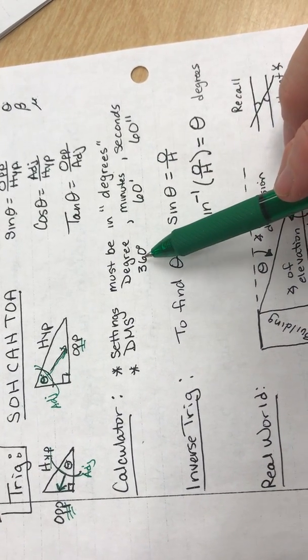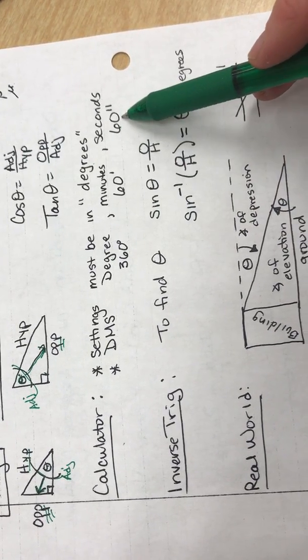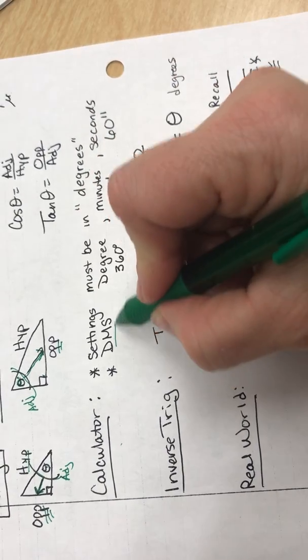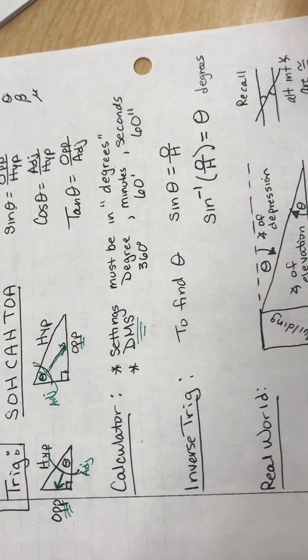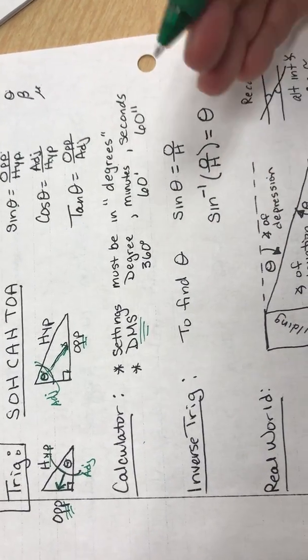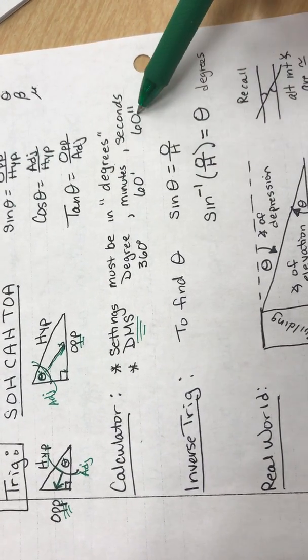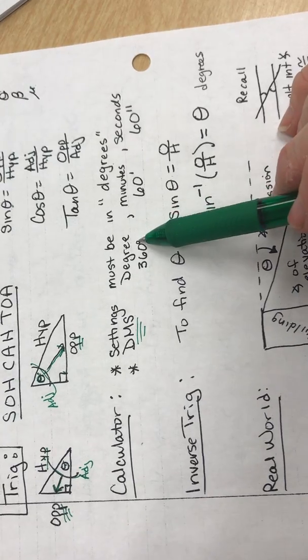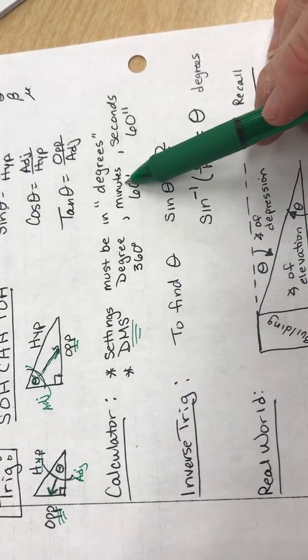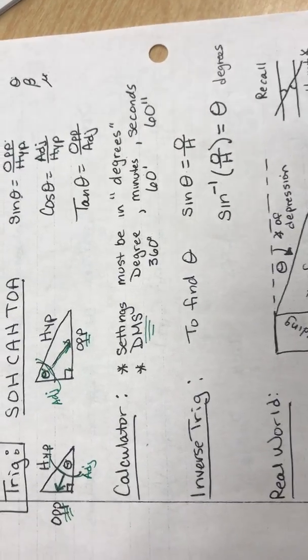And if you're ever asked to put something in degrees, minutes, and seconds, there is a DMS function in your calculator that will convert everything. Instead of getting a decimal answer, it will give you something in degrees, minutes, and seconds, okay? It'll have a little degree symbol. 1 tick stands for minutes, 2 ticks stands for seconds, okay?